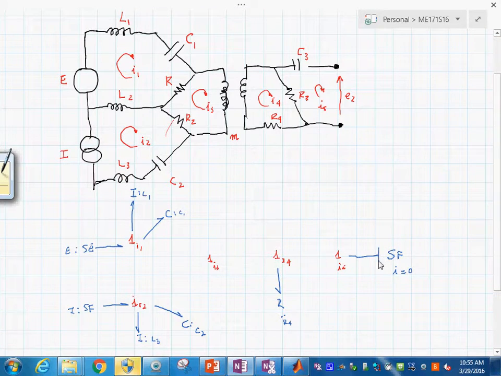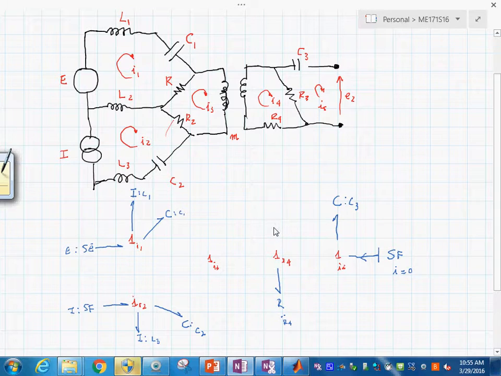That means you measure the voltage, but the current is 0. On I sub 5, I have the C element with value C sub 3. And this is all I can say about the elements that are directly connected to the currents in the loops.